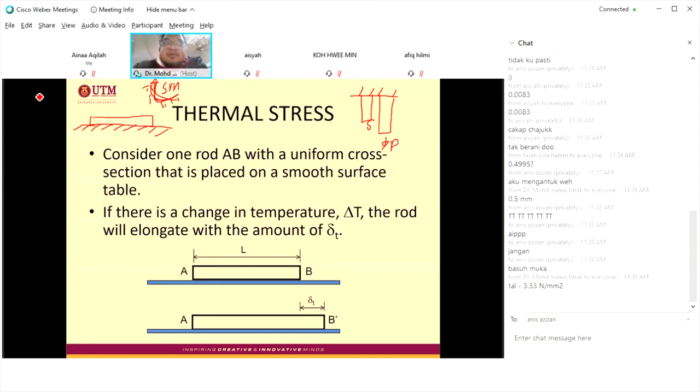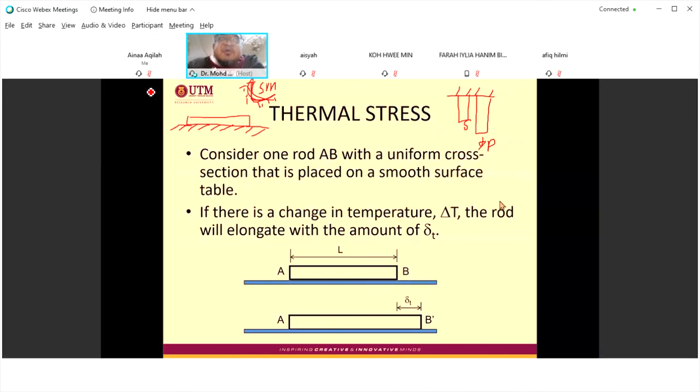So, if you put your material under the sun and the temperature increases, the member also can elongate.